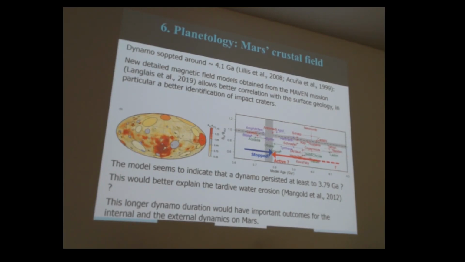So, again with the impact craters. On Mars, what you observe is a crustal magnetic field. It cannot be induced. It's remanent because there is no more core field. So the thing is that if there is no more core field, there is an essential question about when did the dynamo die? What time?